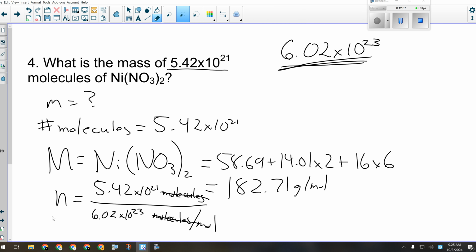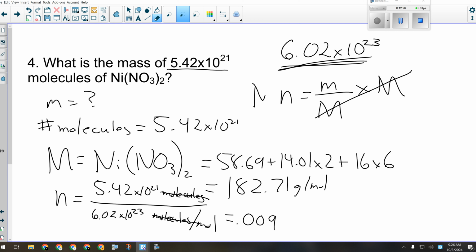All right, so I'm just going to write 0.009 here, but I'm going to keep all those other decimals in my calculator. Now if I want to calculate little m, I've got to manipulate this formula. So I'm going to multiply both sides by big M. That's going to be 182.71 grams per mole multiplied by 0.009 moles. The moles will cancel, and I'll be left with grams.